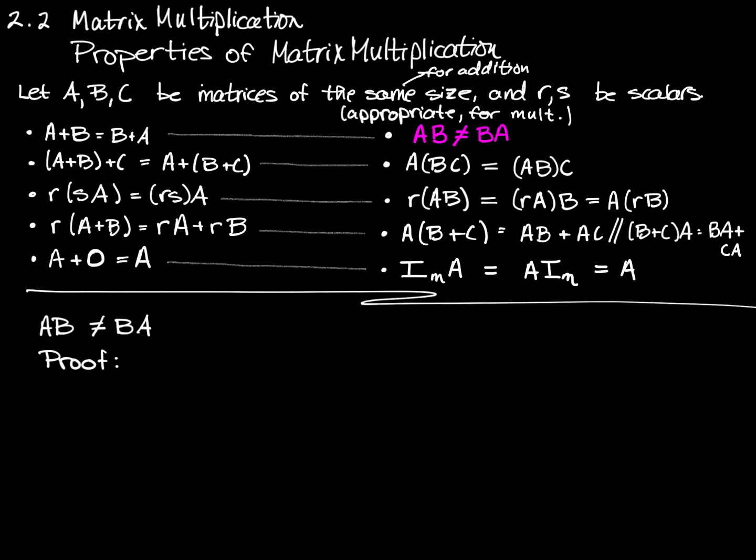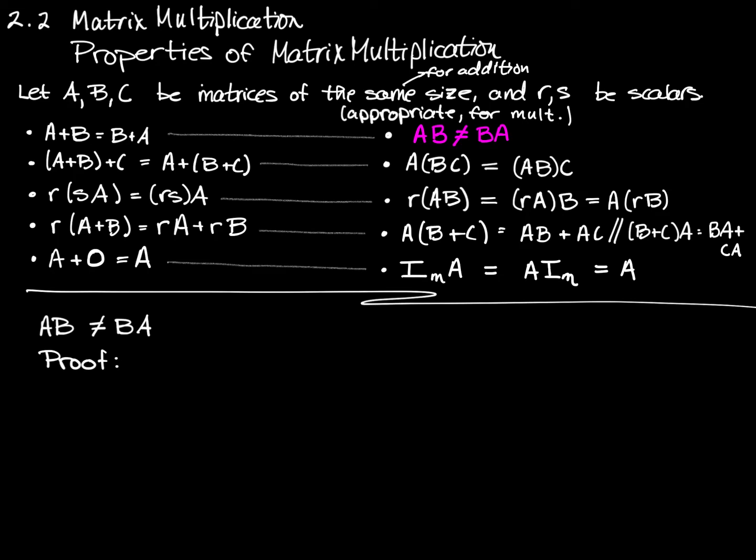That is, I'm going to prove this statement here, that AB is not equal to BA. And I'm going to do that by something called a counterexample. It's actually a lot easier to prove that something is not true if you can find what's called a counterexample. All a counterexample really is is an example that contradicts the statement.